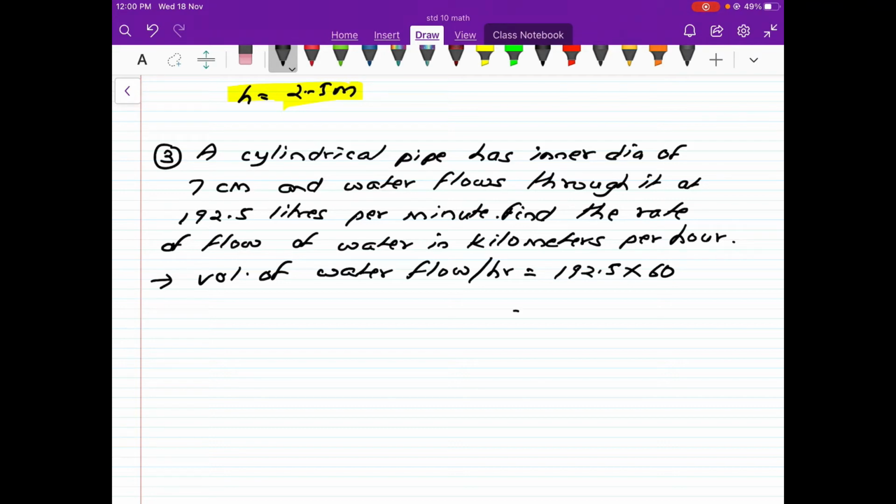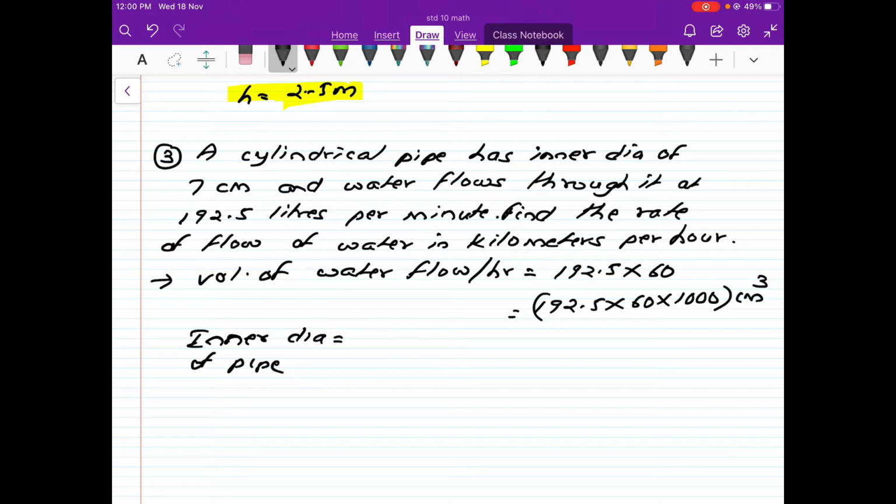Now if I want to make these liters into centimeters cube, it is into 1000. Now this volume is in centimeter cube. What is the inner diameter of the pipe? It is given to us in centimeters, so that's why we have taken centimeters in the above calculation. It is given as 7 centimeters.